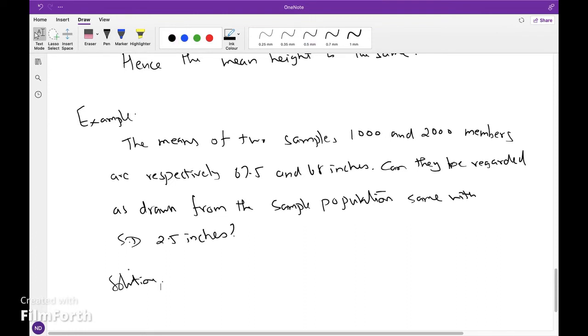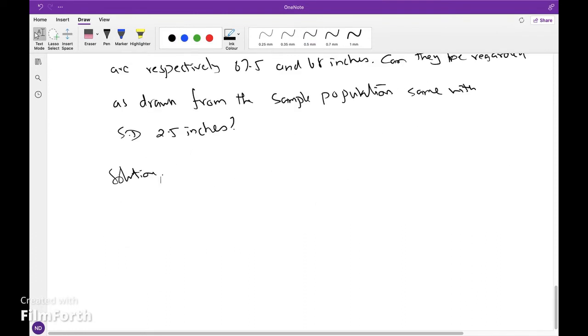In the previous problem, two standard deviations were given. In this case, a single standard deviation. Sample 1, x1 bar 67.5. Sample 2, x2 bar 68 inches.